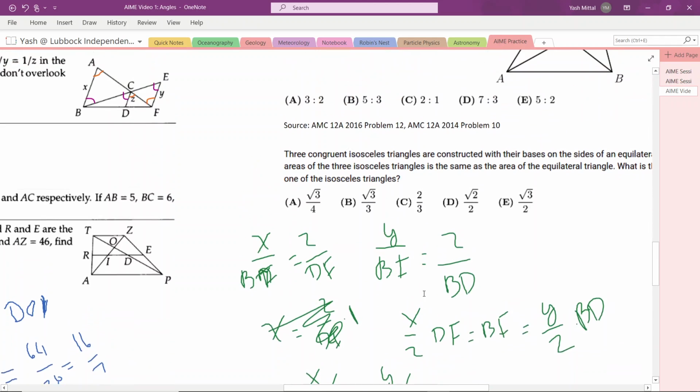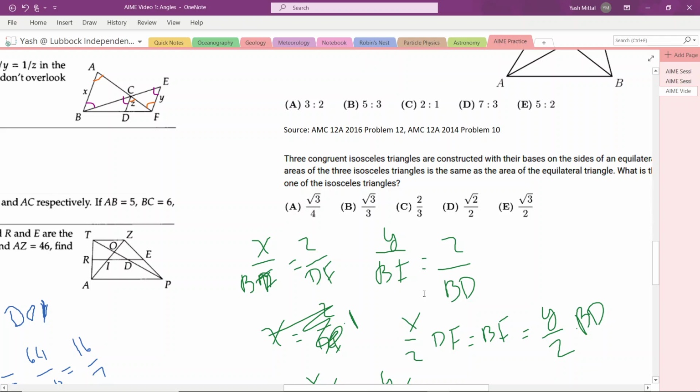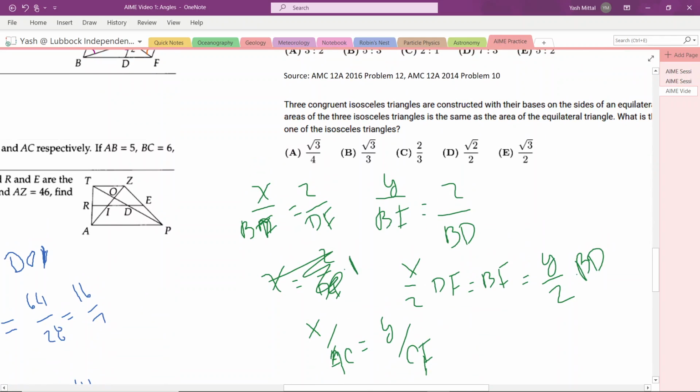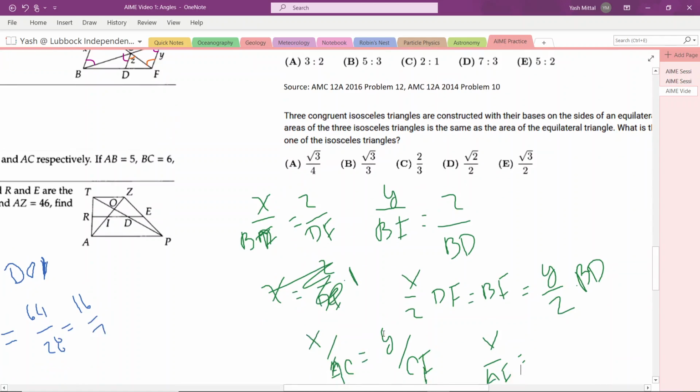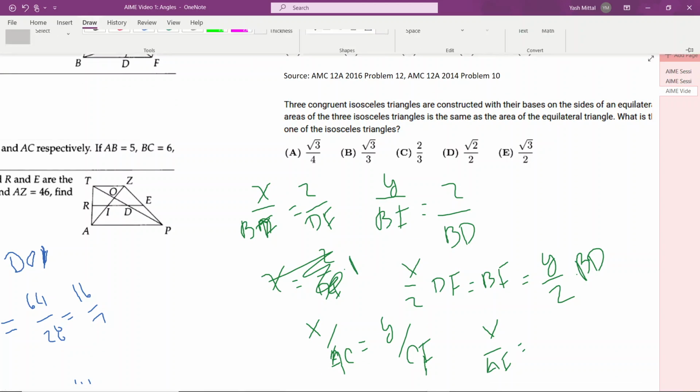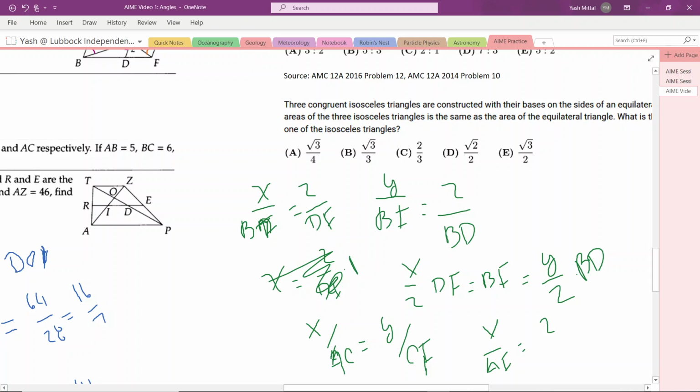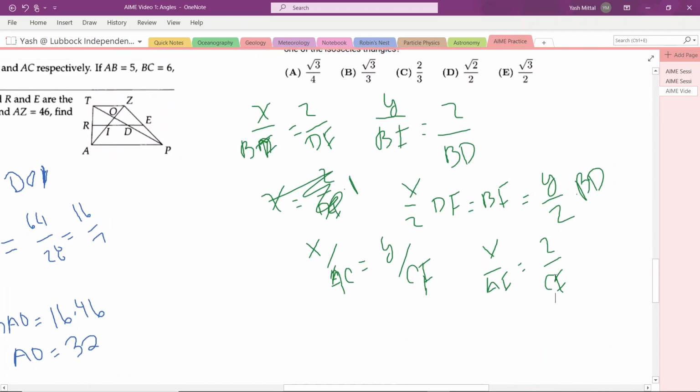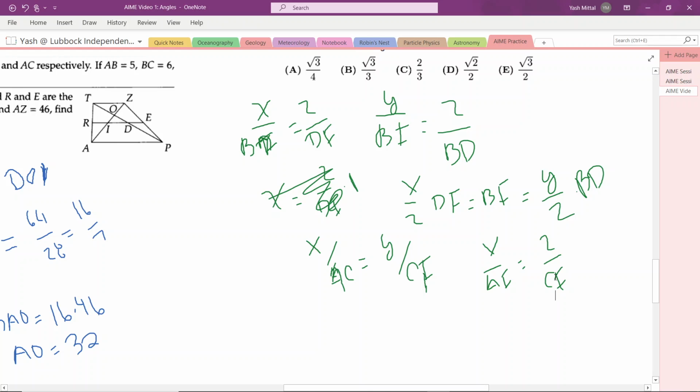Oh, I could say that X over AC, X over AF is equal to Z over CF. And notice right there, I can do Z over CF, sorry. And then I can compare both of them to show that X equals Z.